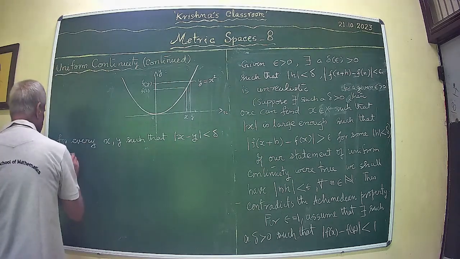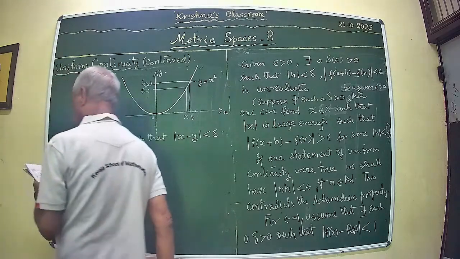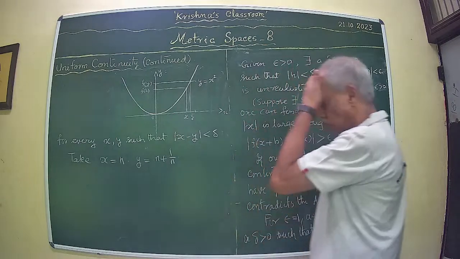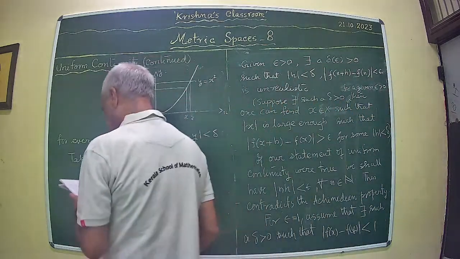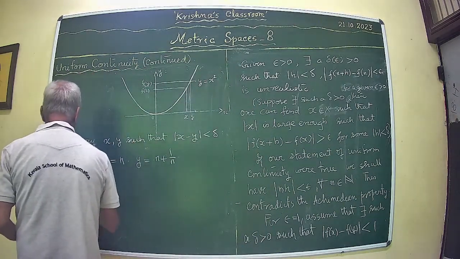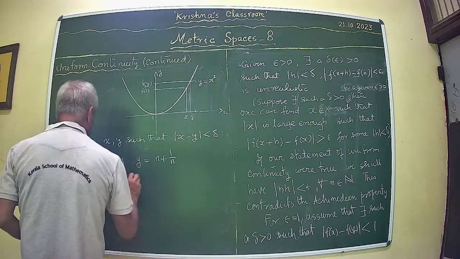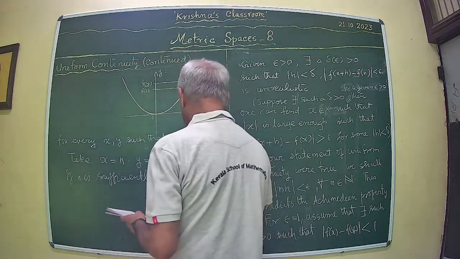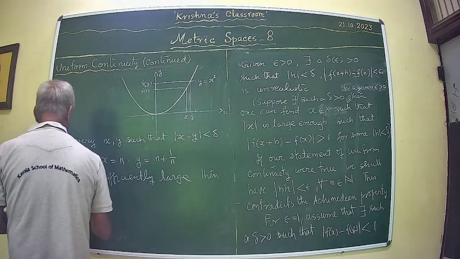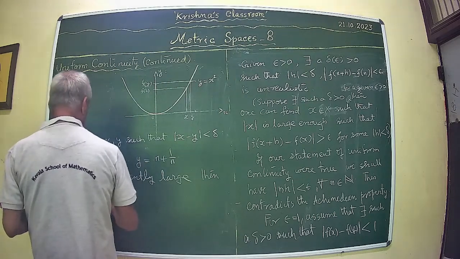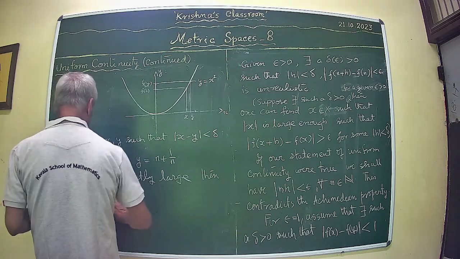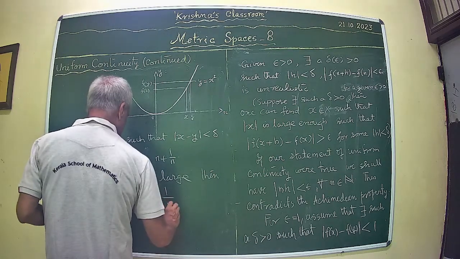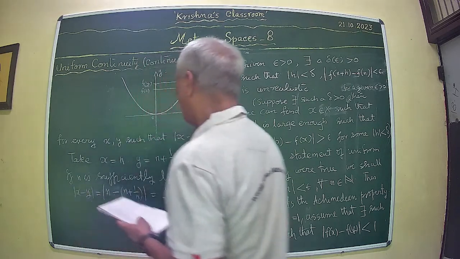So for example, take x equal to n and y equal to n plus 1 by n.